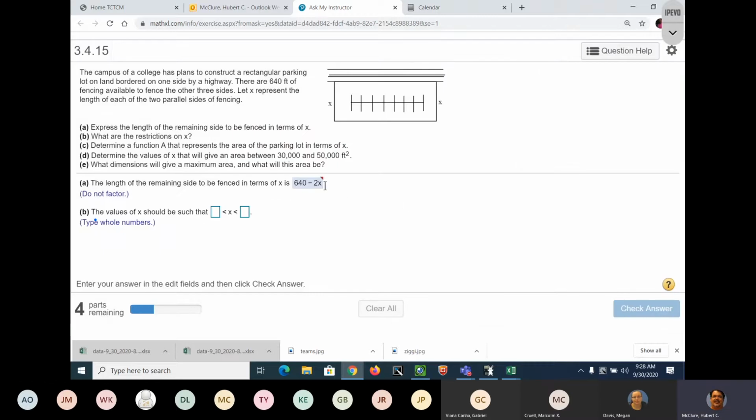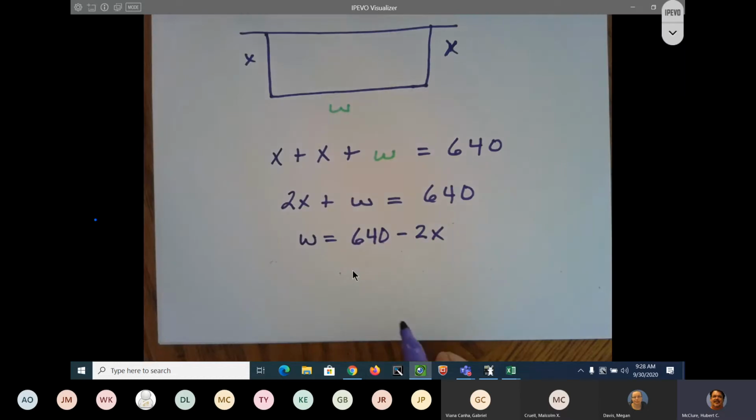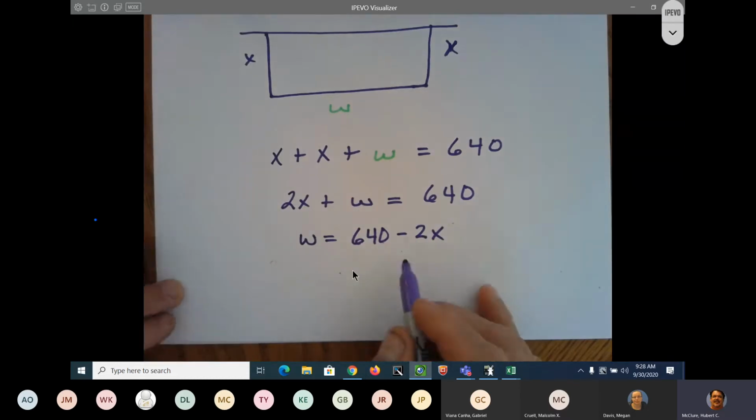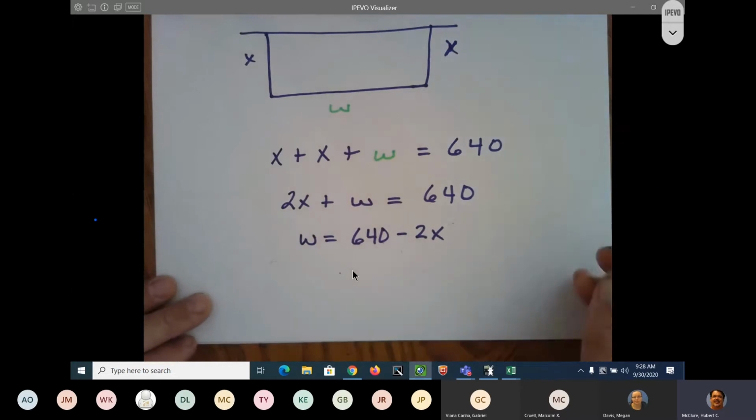So you need to put down right here, solve for y, or solve for that remaining variable. The value of x should be such that, and solve this for x. This is not a test question, because I think these questions are more confusing. They do more harm than good.